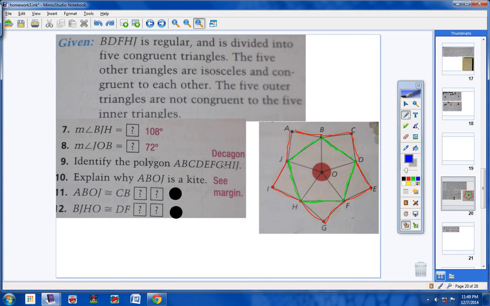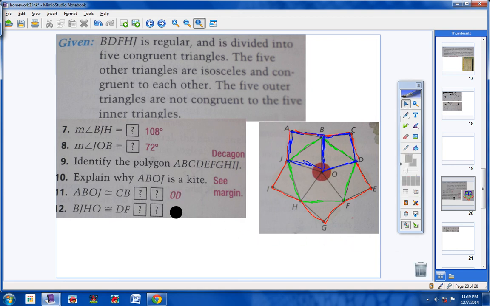ABOJ. Now watch carefully, guys. This polygon here is congruent to polygon what? CB, and then what? OD. CBOD. So this should be OD. CBOD.